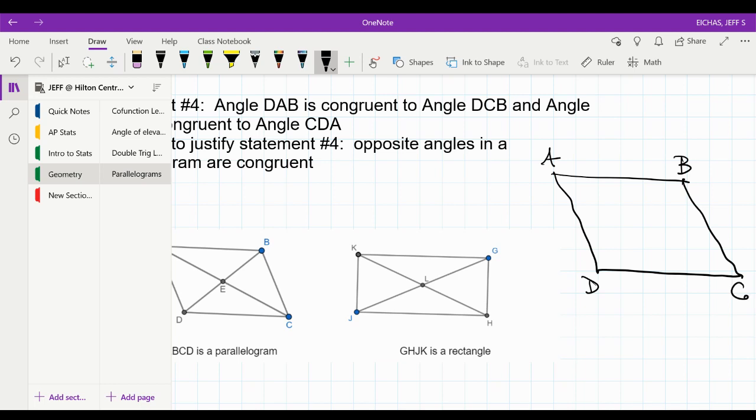Okay, so what we're doing is we're taking this picture and going over here. DAB is congruent to DCB. What we're trying to show is opposite angles in a parallelogram are congruent. So we didn't need the diagonals for that, so that makes it a little simpler to look at.